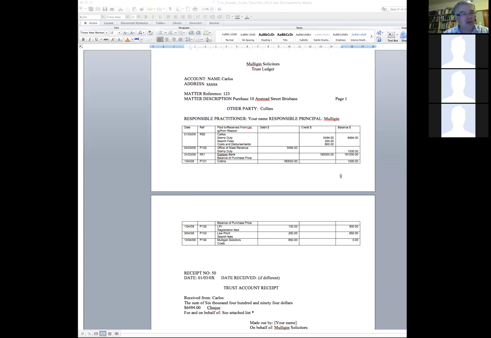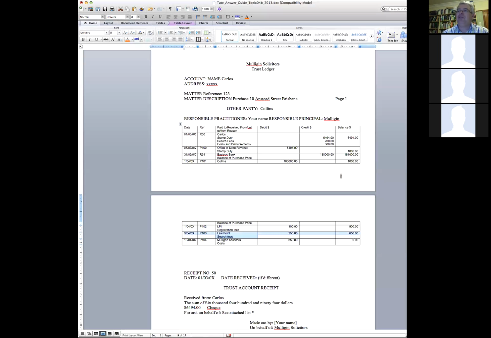This is the ledger you would have consulted in making the decision as to whether you could pay the $800 to yourselves as fees. And you can see there on the line, just before you were asked to pay $800 to yourself, that you only had $650 left in the trust account ledger for this client. That is the thing that indicates to you that you can't make the $800 payment.